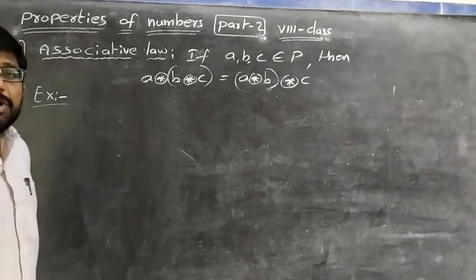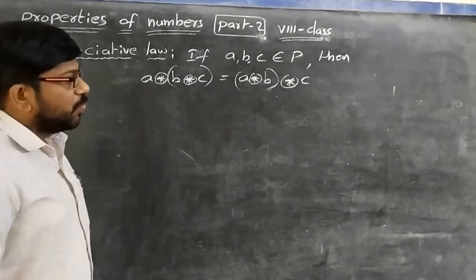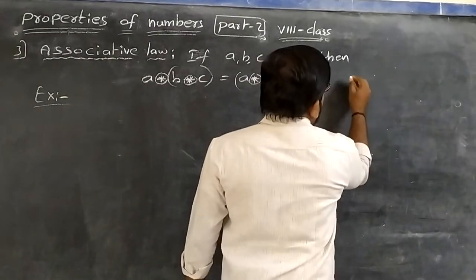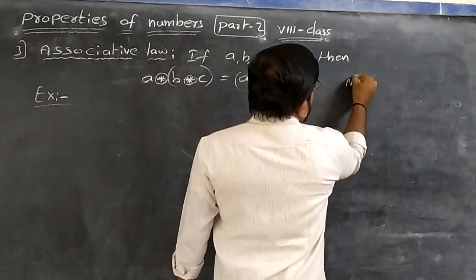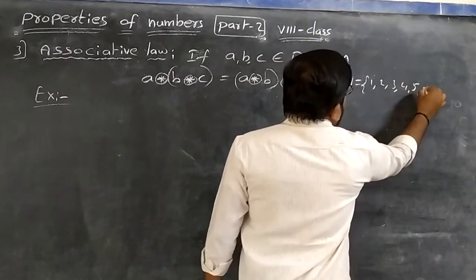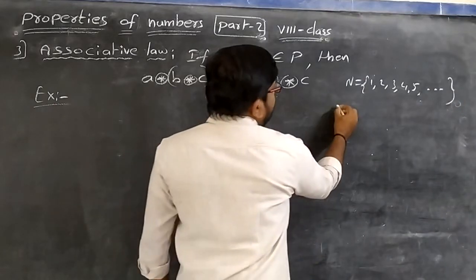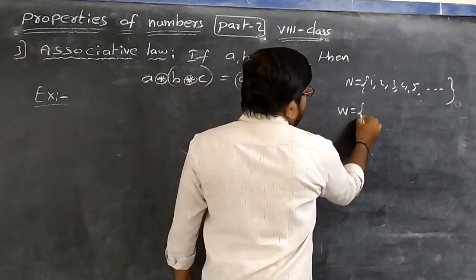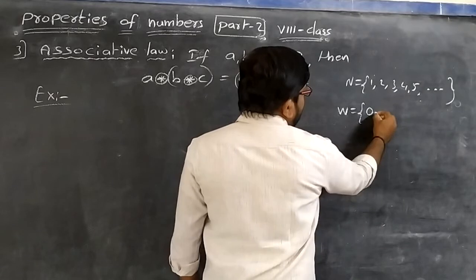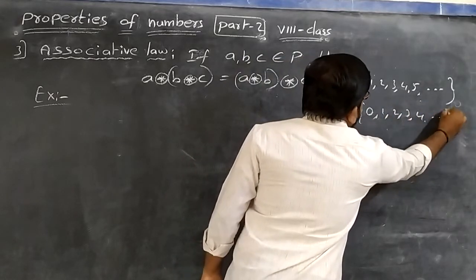First, the set of natural numbers. We know very well natural numbers N is equal to 1, 2, 3, 4, 5 and so on. Next, W, whole numbers: just 0 included in natural numbers, 0, 1, 2, 3, 4 and so on.